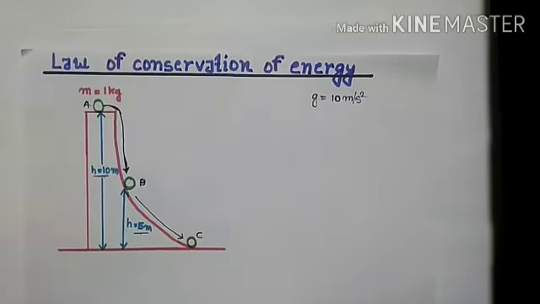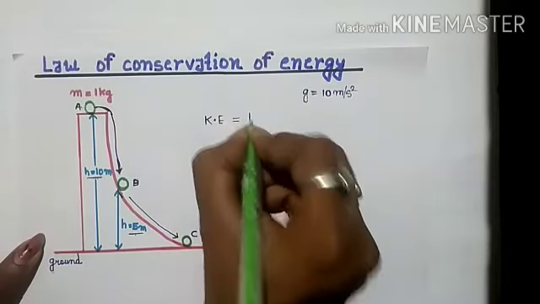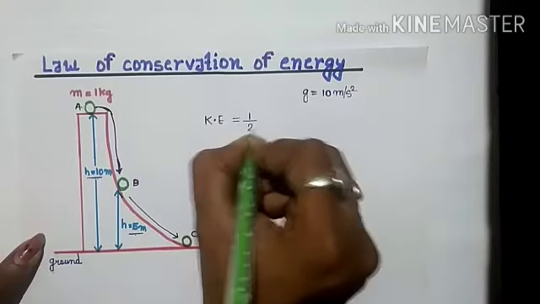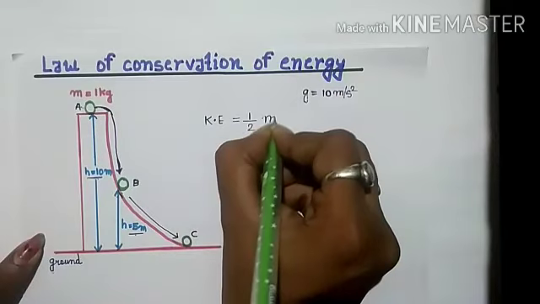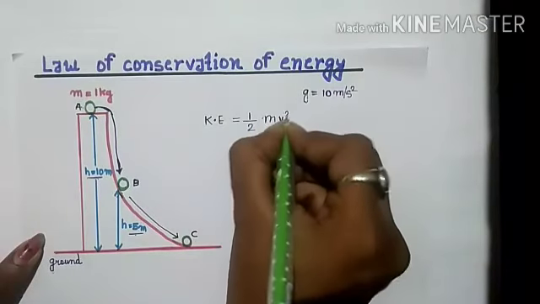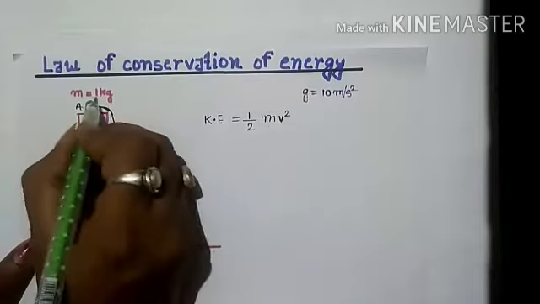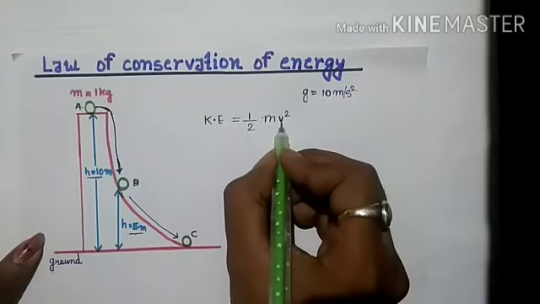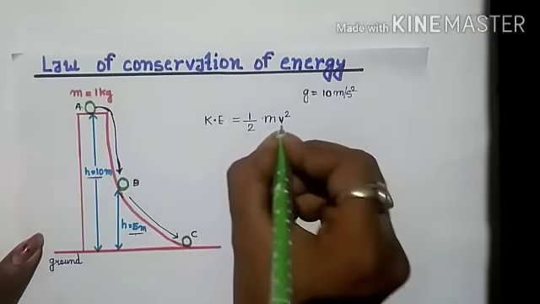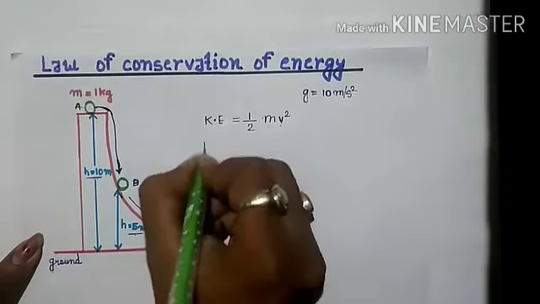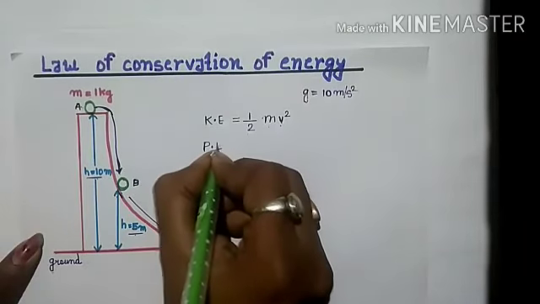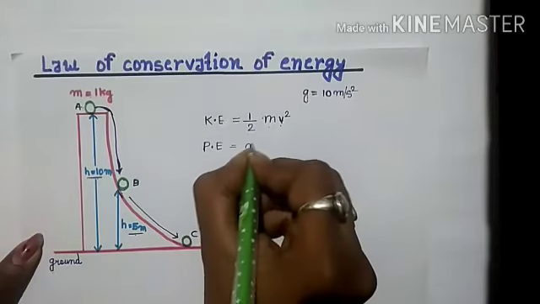We know that kinetic energy is equal to half m v square, where m is the mass of the object, that is 1 kg, and v is the speed of the object, and potential energy is written as m g h.